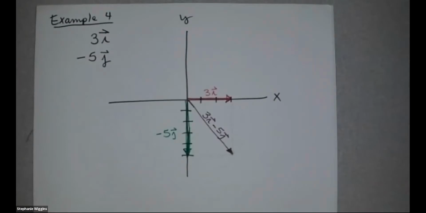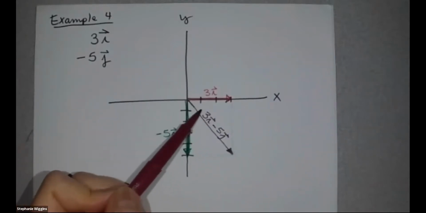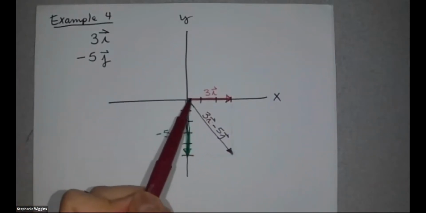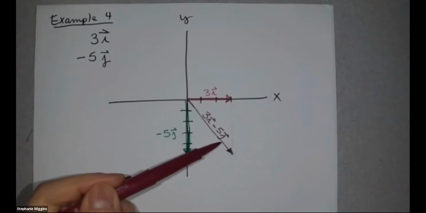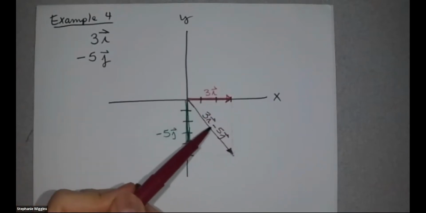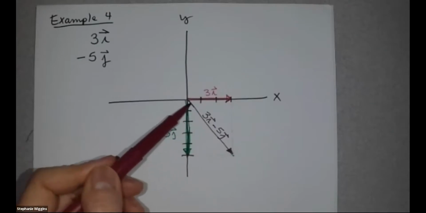And every vector can be expressed as a sum of unit vectors and scalar multiples of the unit vectors. So here we have this piece gives us the x direction, and then this piece gives us the y direction. And when we add them together, we get this third vector.